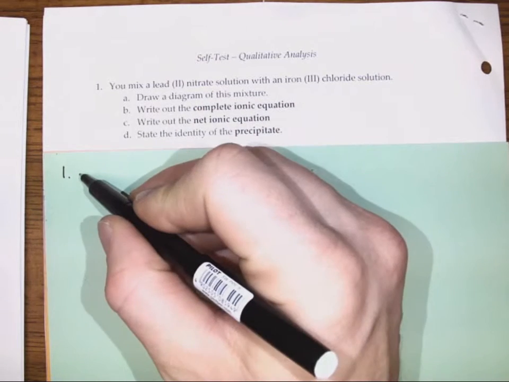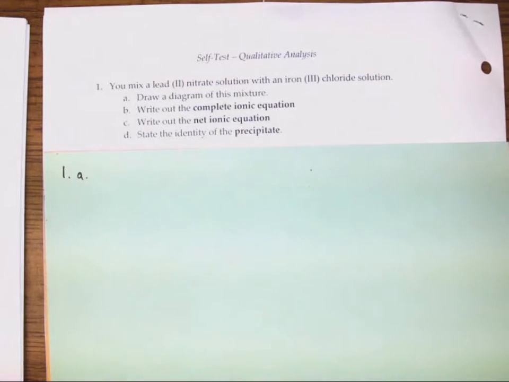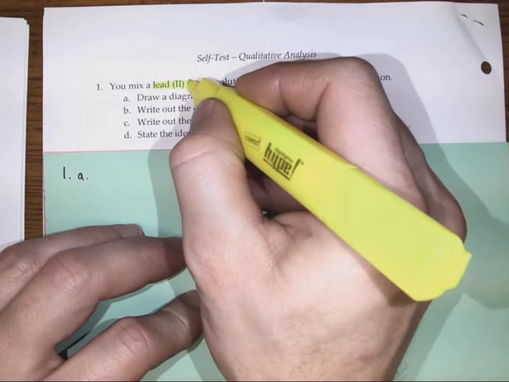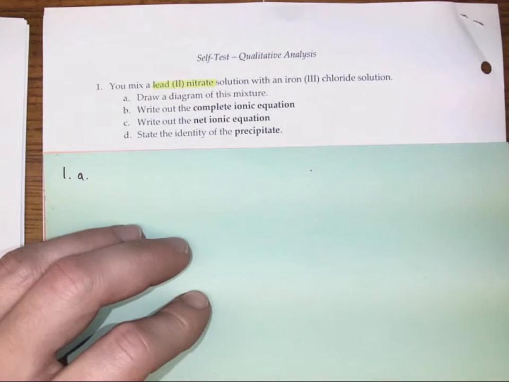We're asked to draw a diagram of this mixture. So we've got a mixture of lead 2 nitrate.